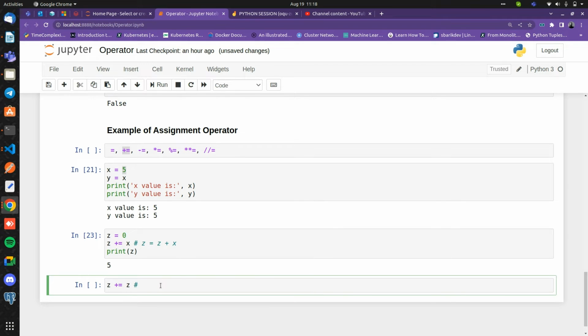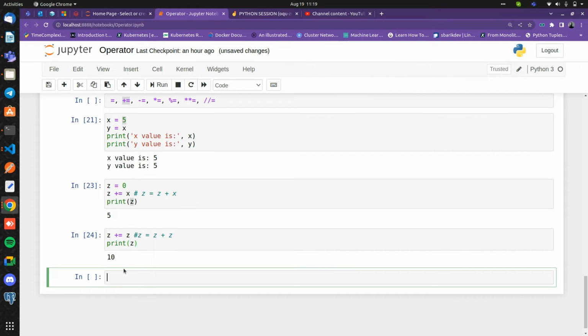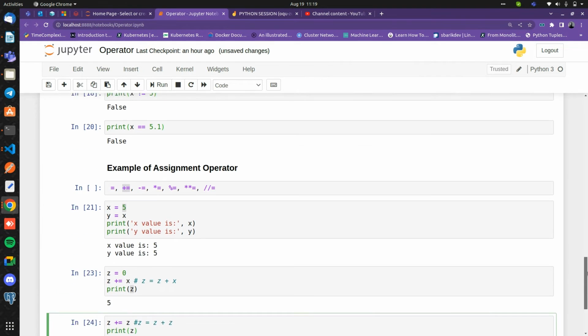That means z equal to z plus z. Here z is already 5, and it will add 5 again. If I print z, it will give me the output as 10.